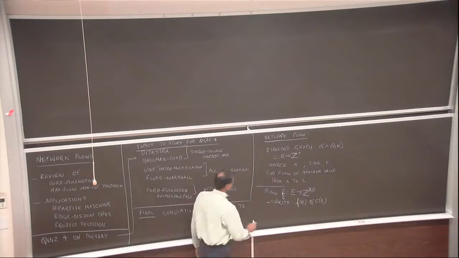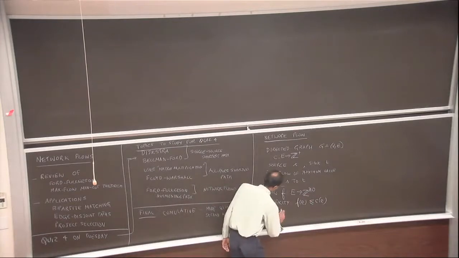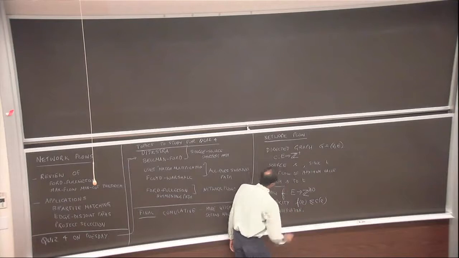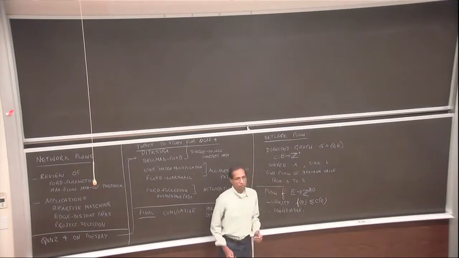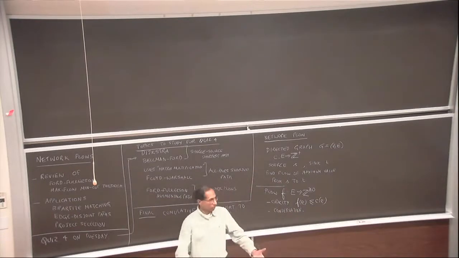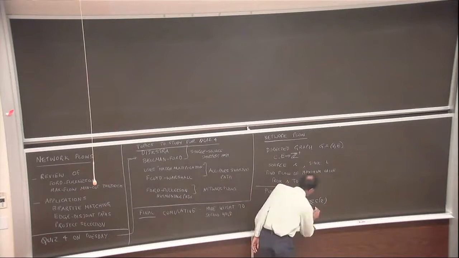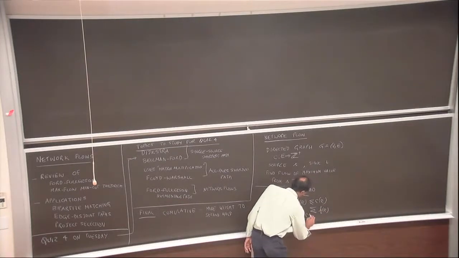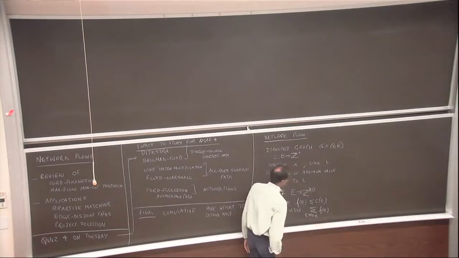Then you have the conservation constraint. That is, if you look at any node other than the source or the sink, whatever goes in has to go out.